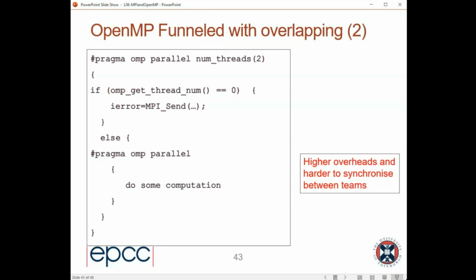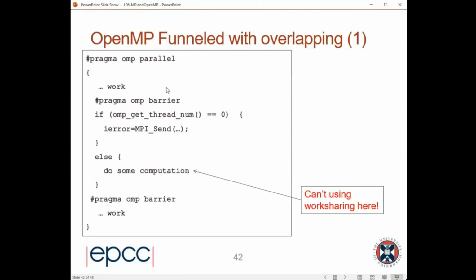The other thing you can do is use nested parallelism, where you can say, this says I want a parallel region with 2 threads. This relates to what someone said before: you can specify a number of threads individually. So there are 2 ways of getting funneled with overlapping. One is to have a single parallel region with n threads, and by hand, say thread 0 does the communication, the other threads do the calculation.